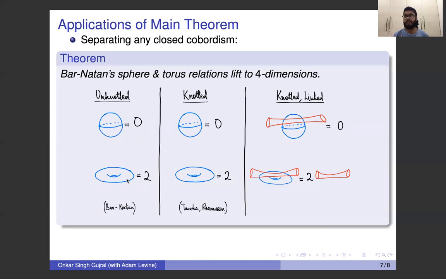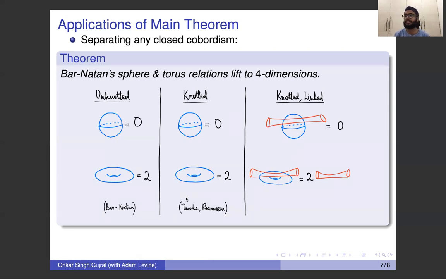So if, in 4 space, you see an unknotted sphere or torus, you know what kind of Khovanov map is induced by them, respectively. But now Tanaka and Rasmussen extended Bar-Natan's torus relation in particular from 3 space to what you can think of as being an almost complete lift to 4 space.